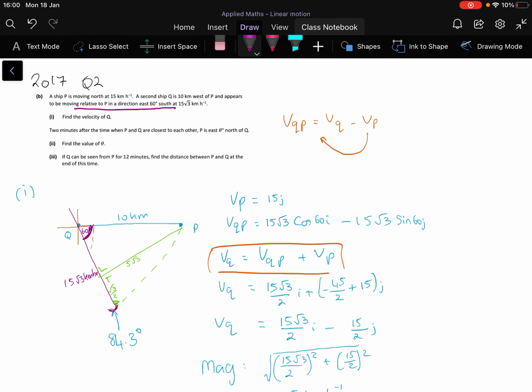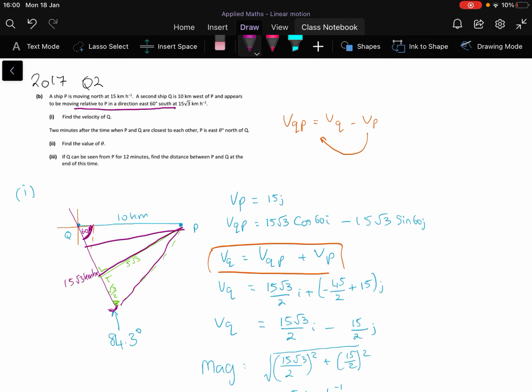My third part of that question then, it says if Q can be seen from P for 12 minutes, find the distance between P and Q at the end of this time. So what they're looking for here, if I just use this diagram here, it's saying, well, at this stage here, that's when they're closest together. They're able to see each other for 12 minutes. So that means that for 6 minutes going out this side and 6 minutes going out this side, they are visible.